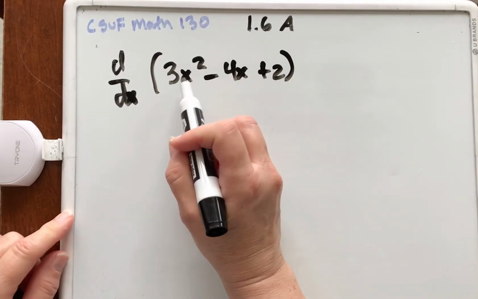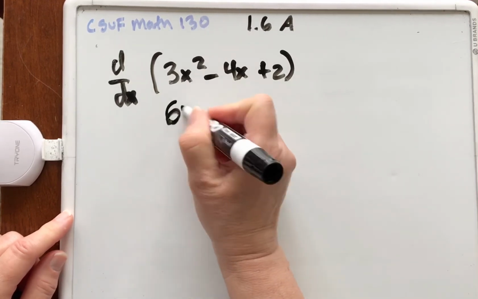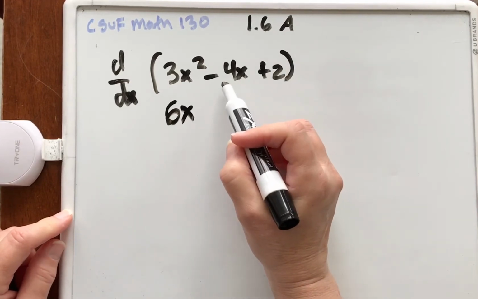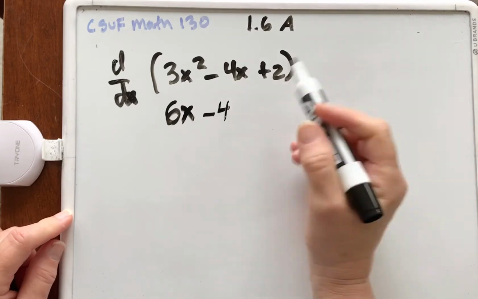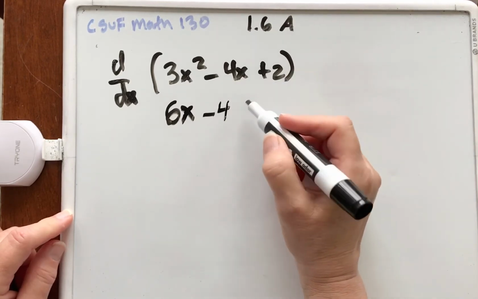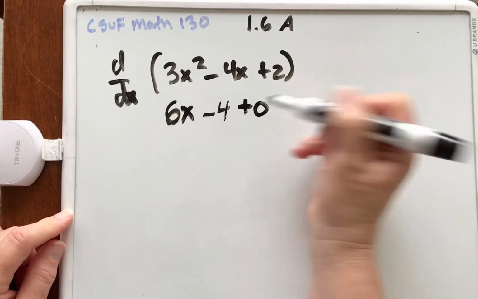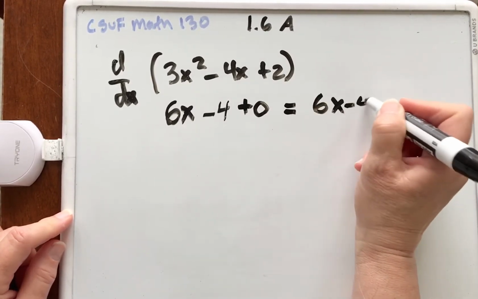So the derivative of 3x squared is 2 times 3 is 6, minus 1 just gives us 6x. The derivative of negative 4x is just minus 4. And the derivative of 2 is just 0. You don't have to write plus 0, but while we're learning, we'll just go ahead and do that. So our answer is 6x minus 4.